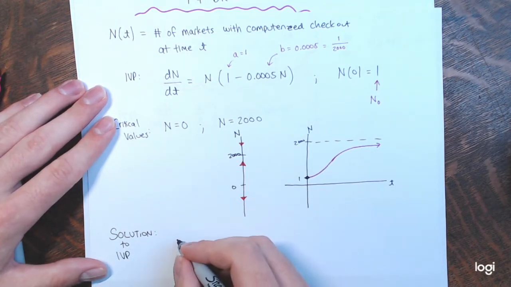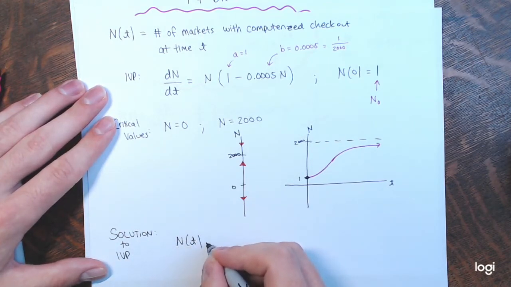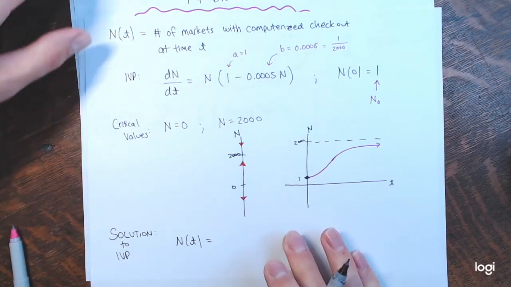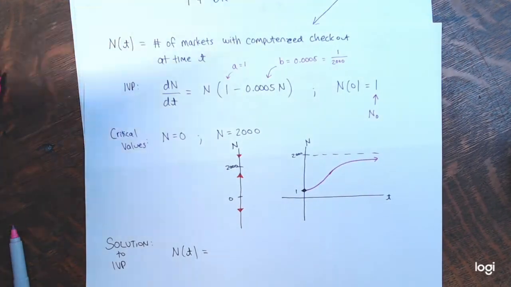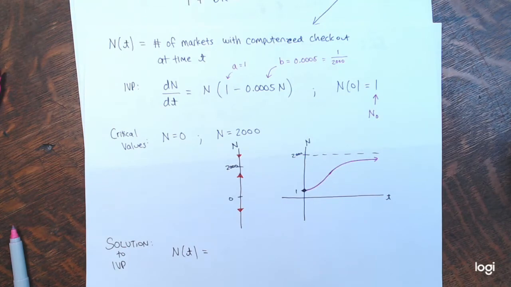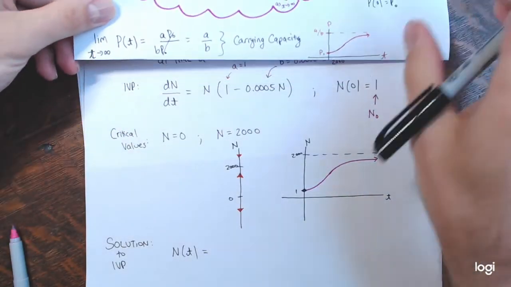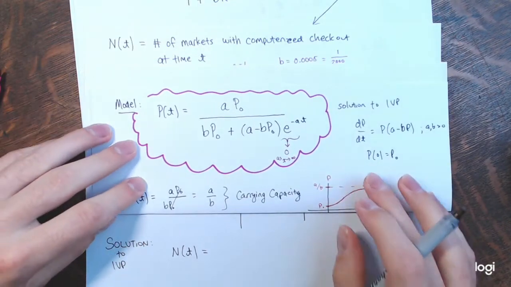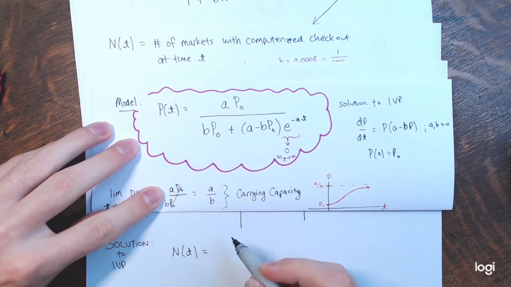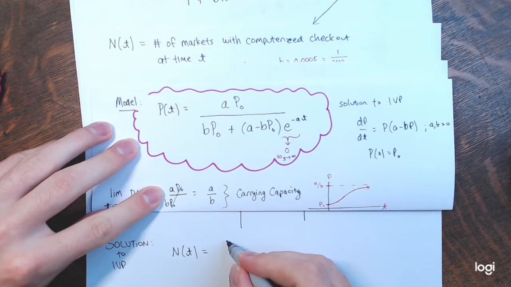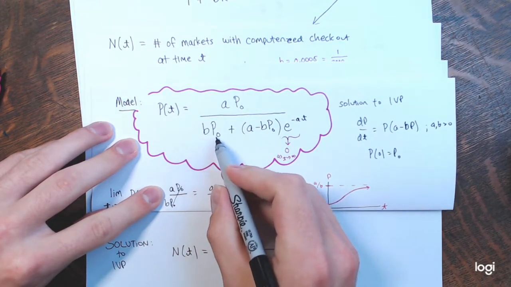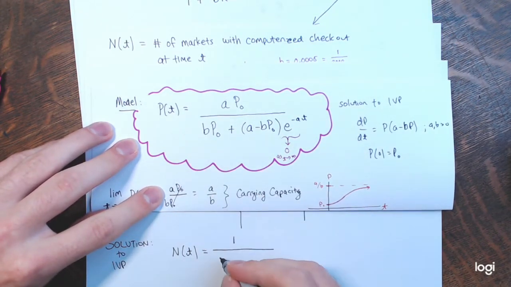N of t equals, I'll put that back up. We'll refer to the formula I found earlier, the model we found earlier. So again, it's A times P0. A was 1, P0, which is N0 here, is also 1. So 1 in the numerator. Now B times P0, B is 1/2,000th, or 0.005.